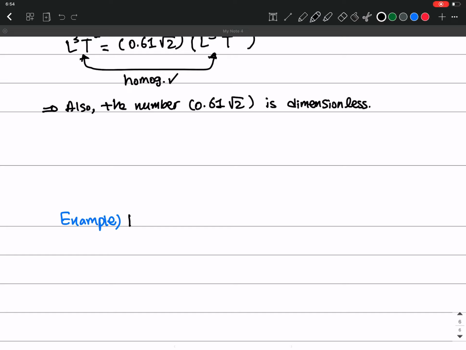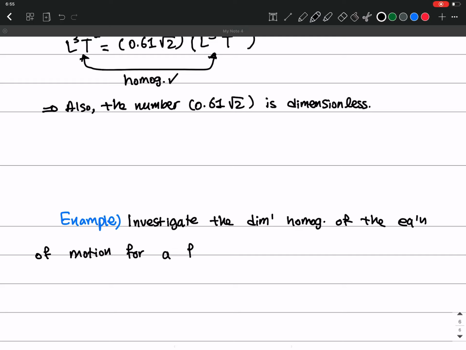So investigate, in the new example, the dimensional homogeneity of the equation of motion for a free falling object as the following.